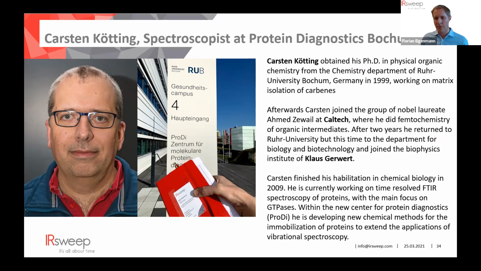After 2 years, he returned to Ruhr University, but this time to the Department of Biology and Biotechnology, and joined the Biophysics Institute of Klaus Gerwert. Carsten finished his habilitation in chemical biology in 2009. He's currently working on time-resolved FTIR spectroscopy of proteins with the main focus on GTPases.